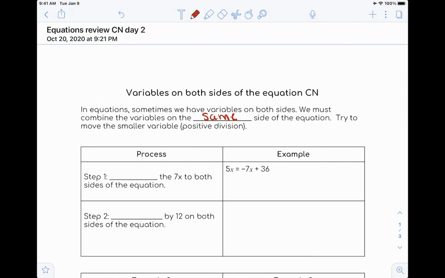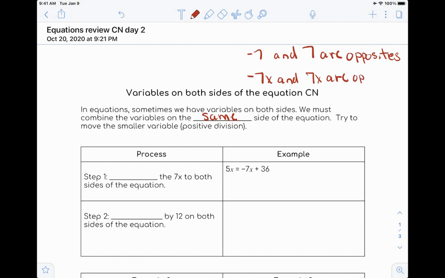So just like the numbers -7 and 7 are opposites, we can look at variable expressions, -7x and 7x, as opposites.